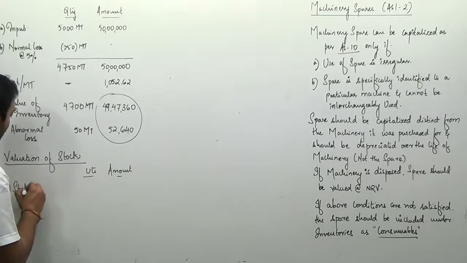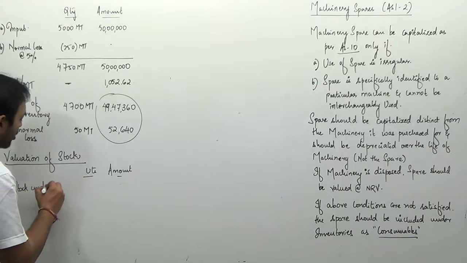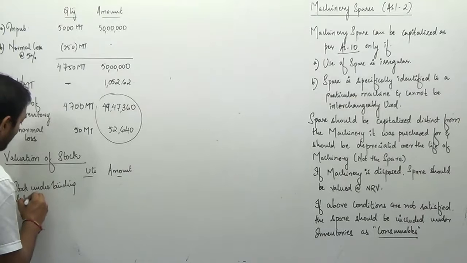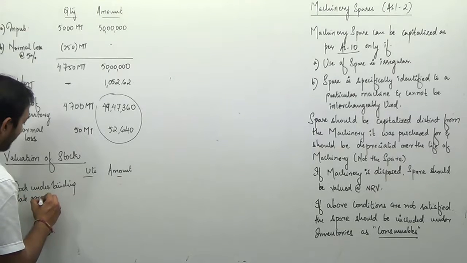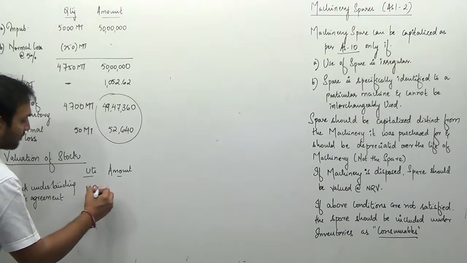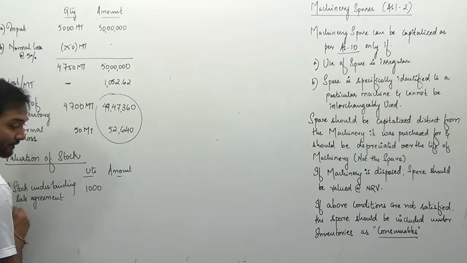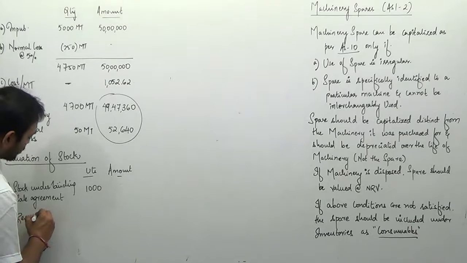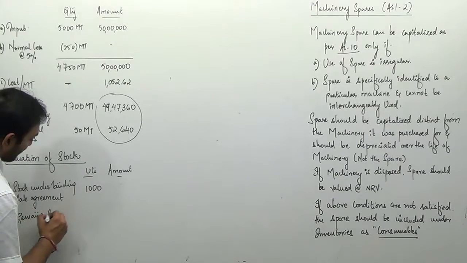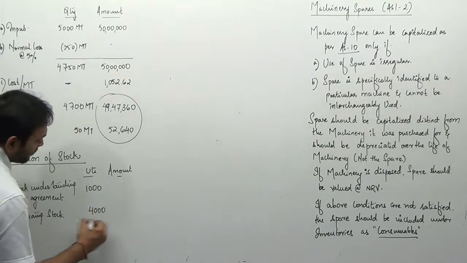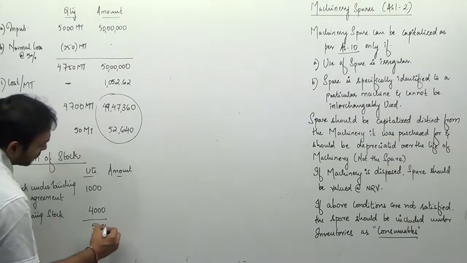First one, stock under binding sale agreement: thousand units. My remaining stock: 4,000 units. Total stock is 5,000 units.